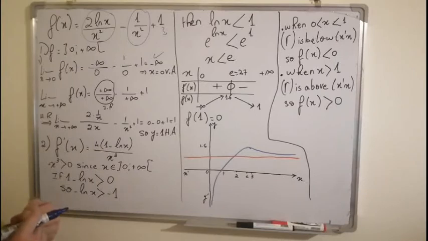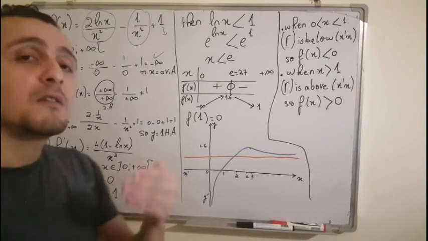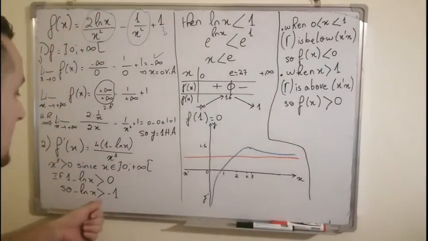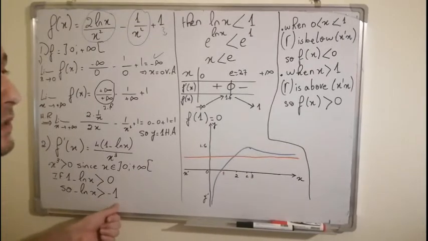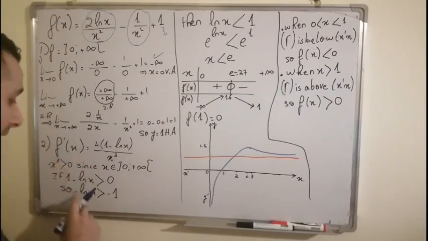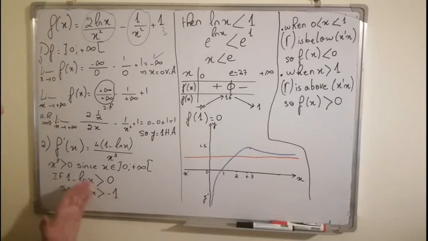So we suppose that this term is bigger than 0, and we solve this inequality. We obtain minus ln x bigger than minus 1. The expression containing the unknown x is on the left and the number on the right.